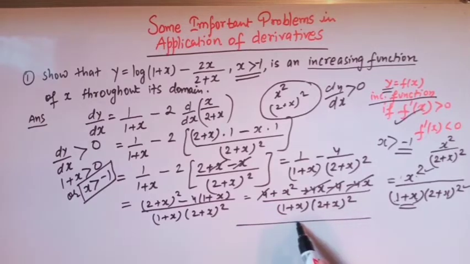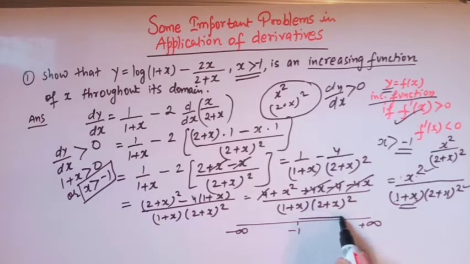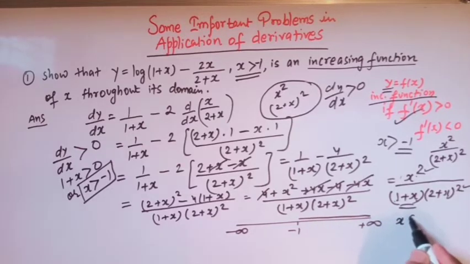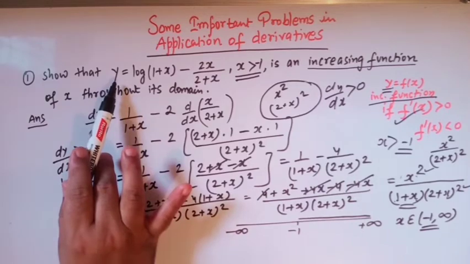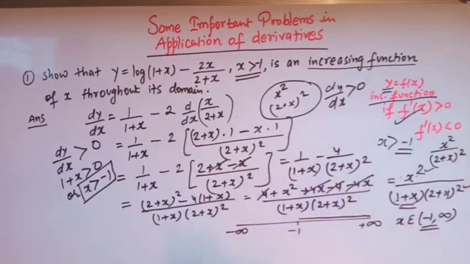So if we take the real number line, here we have minus 1, here we have minus infinity, and here we have plus infinity. So x greater than minus 1 implies that we have to go to this side, right? So whenever x belongs to (minus 1, infinity), this function is always increasing, right?